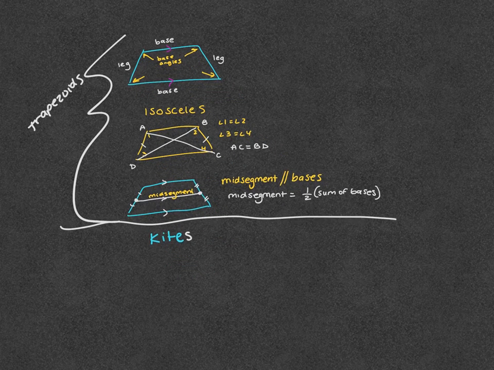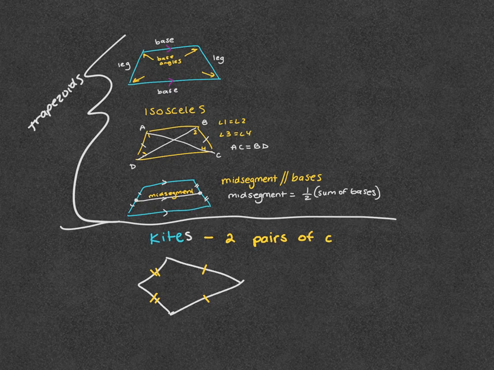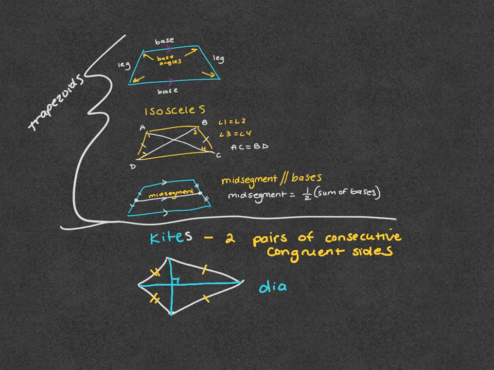And the kite has two pairs of consecutive congruent sides. And the only other piece of information we know about a kite is that its diagonals are perpendicular.